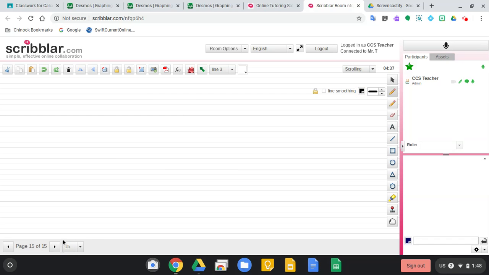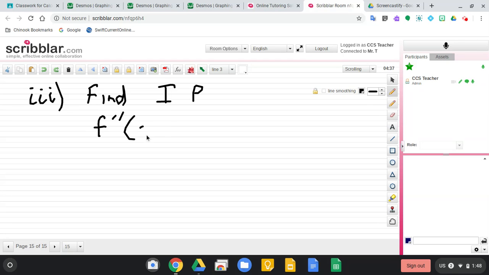All right, we found our critical points and we tested our critical points. Our third step is to find the inflection points, or points of inflection. To do that, we take our second derivative, f double prime of x, which was equal to 6x minus 4, and we set that equal to 0. 0 equals 6x minus 4.